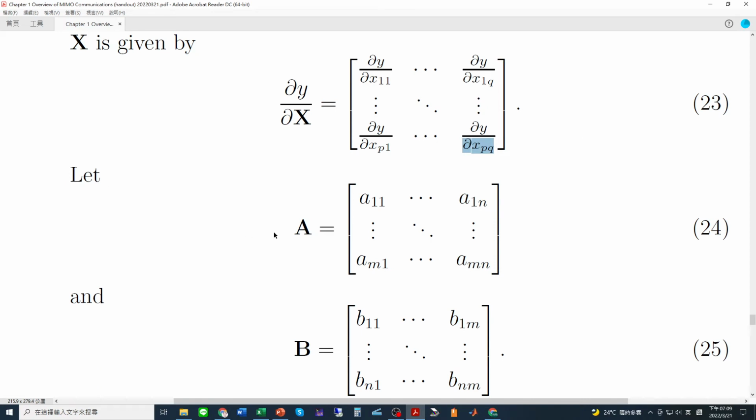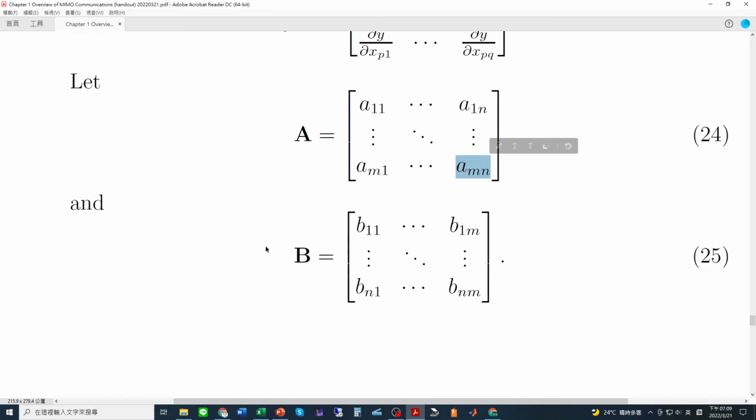Okay, now we let A be equal to A11 to A1n and so on to Am1 to Amn, and matrix B is equal to B11 to B1m and so on to Bn1 to Bnm.